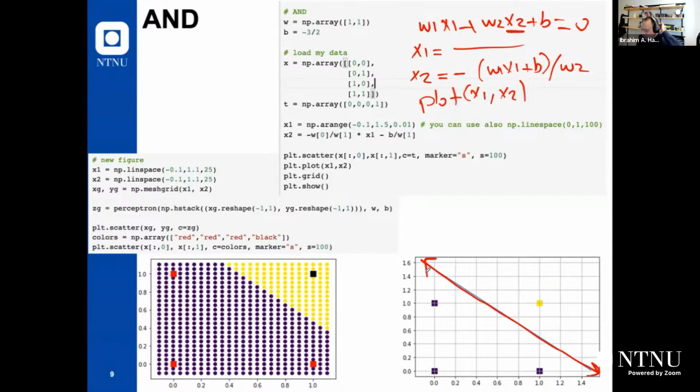This is one approach for plotting the decision line. We call this one the decision line.